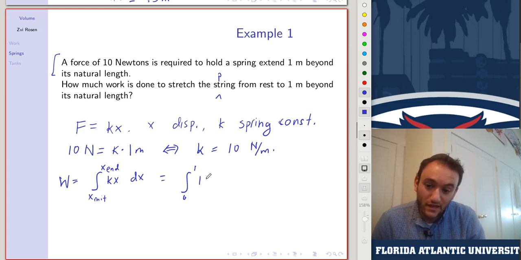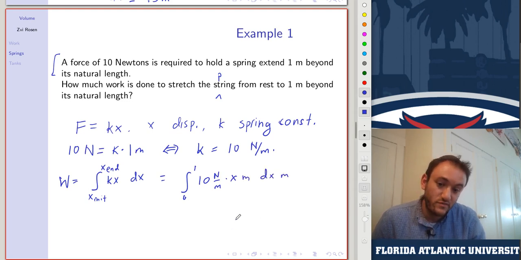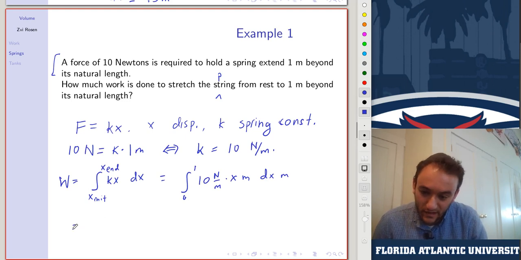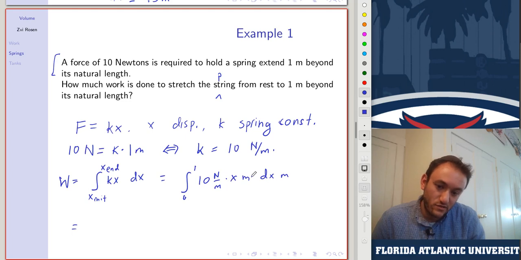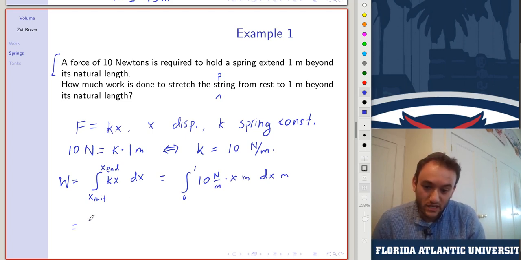And we have k equals 10 newtons per meter, and x is given in terms of meters, and dx is also given in terms of meters. So we just include the units to make sure that everything has the right units at the end. One of the meters in the denominator cancels with the meter in the numerator, and we get one other meter. So our answer is going to be in newton meters or joules.